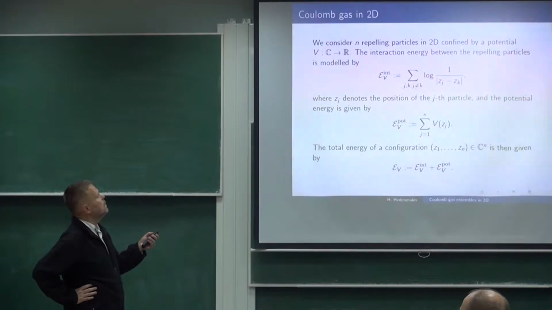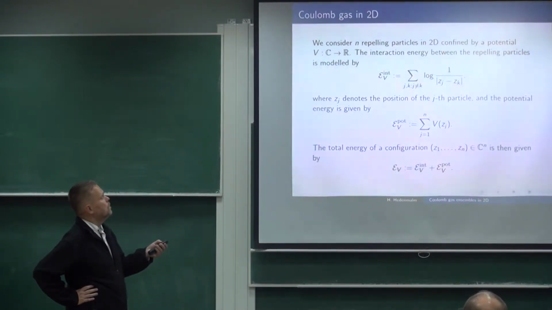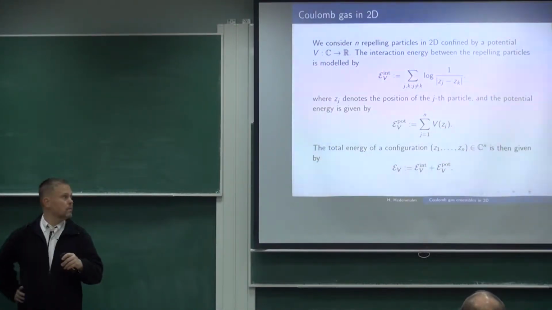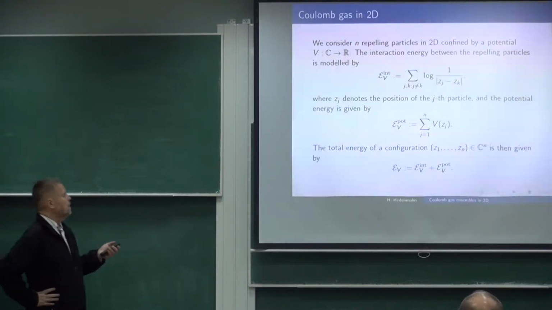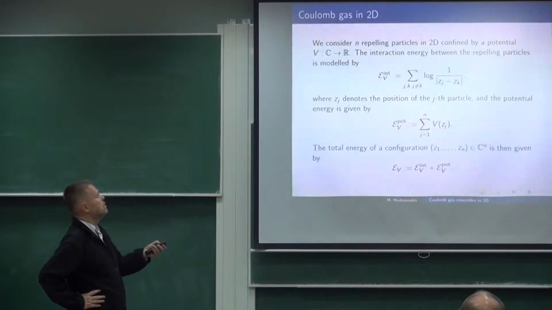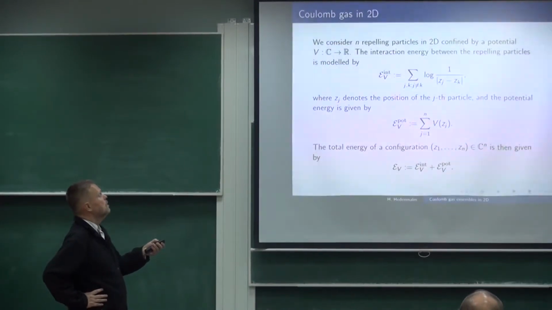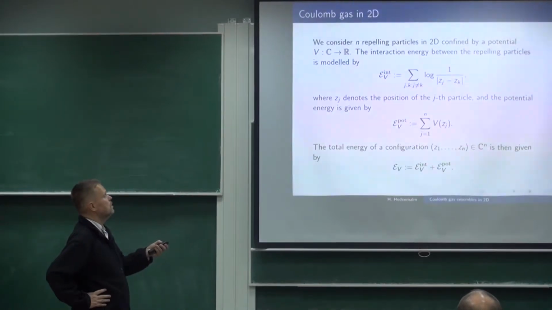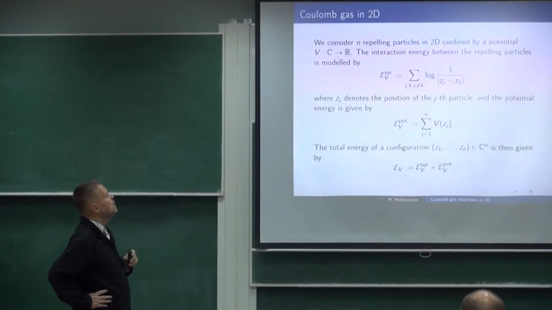So we have n particles, and how many pairs? n times n minus 1, or n squared minus n, interacting particles, and then we form this sum, which tells us the interaction energy this configuration contains.